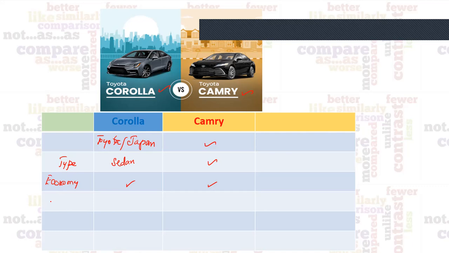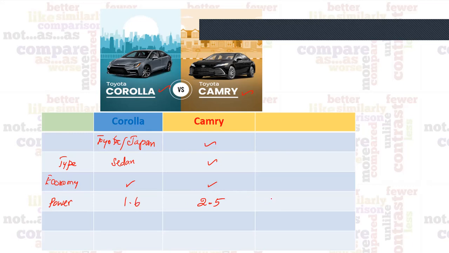And what about the power of the car? So Corolla, it's 1.6, but a Camry is 2.5.